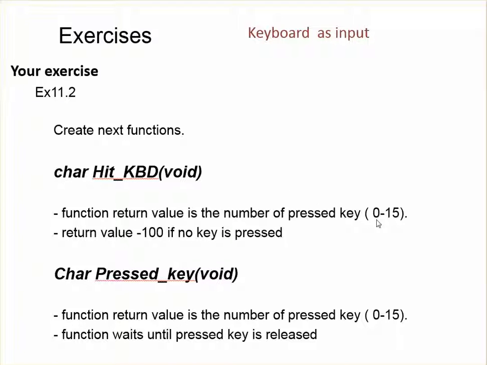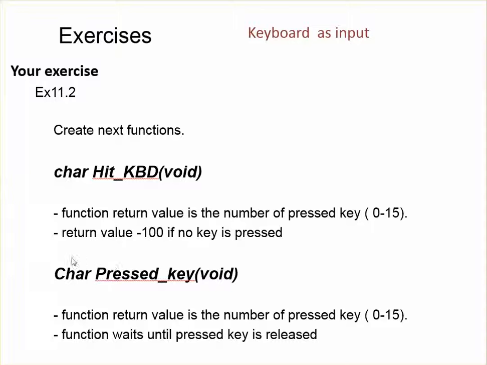There are 16 keys, so we need numbers from 0 to 15. And if there are no keys pressed, then return the value minus 100. If there are keys pressed, then return the pressed key number. But if no keys are pressed, then return minus 100.